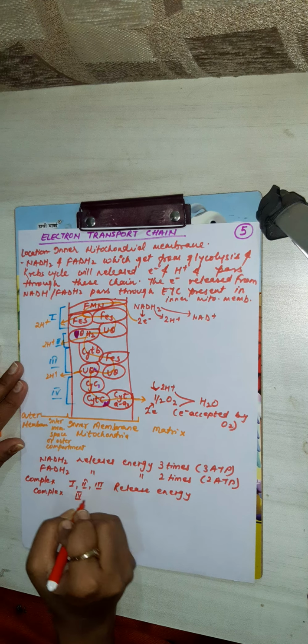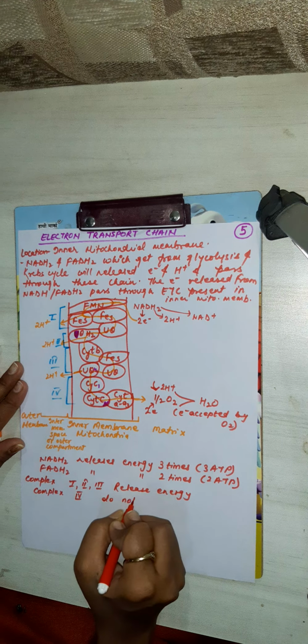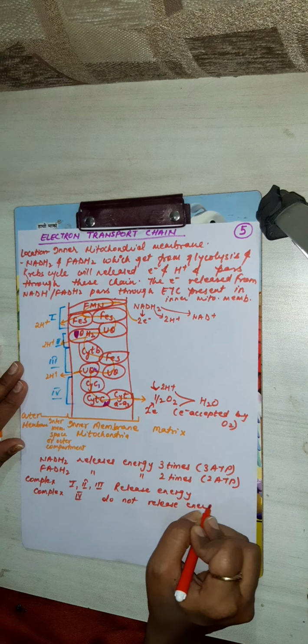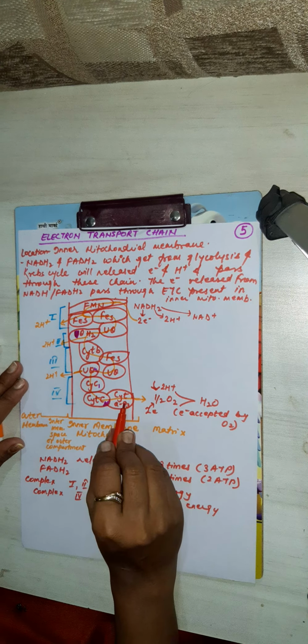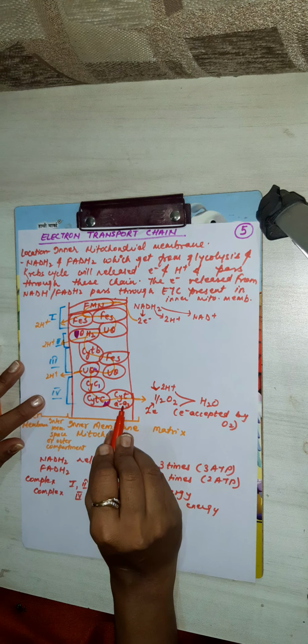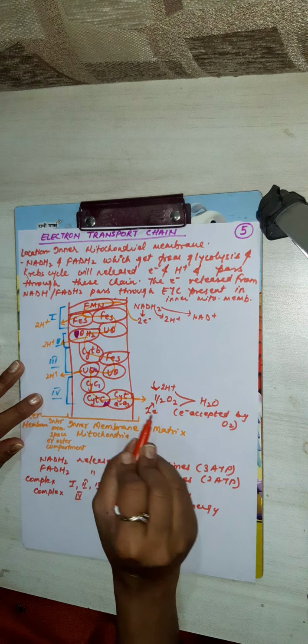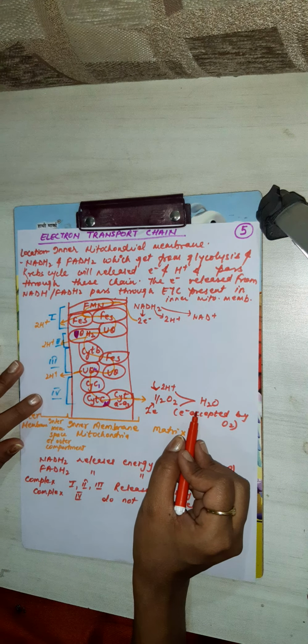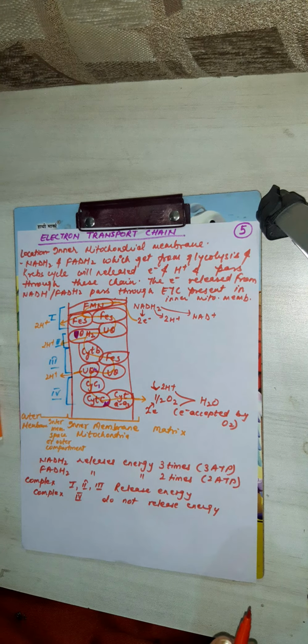Complex fourth does not release energy. A question can be asked: where is the electron accepted? In the fourth complex. Where is energy not released? In the fourth complex. And finally the electron is accepted by oxygen, and water is formed.